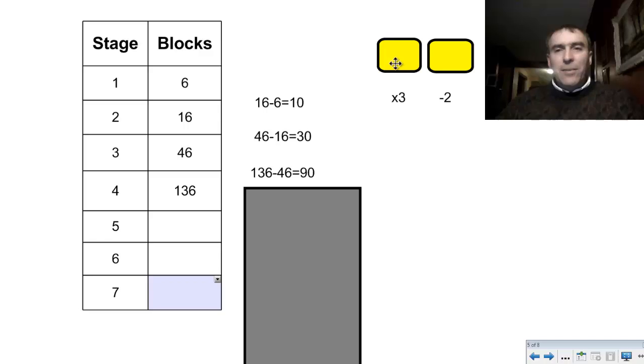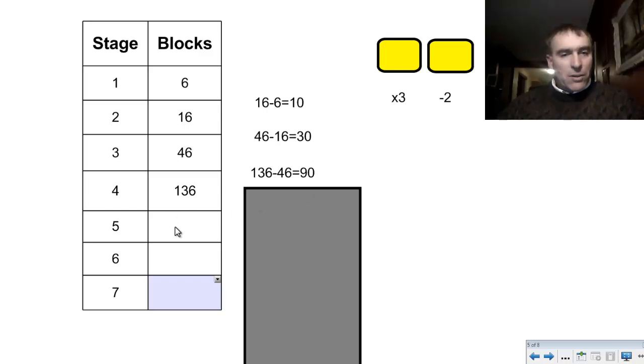And sometimes they refer to these things as an input-output machine, where you take 6 as the input, so 6 times 3 minus 2 gives us the output of 16. If you did the next stage, 16 times 3 minus 2 gives you 46. So sometimes you'll refer to that.